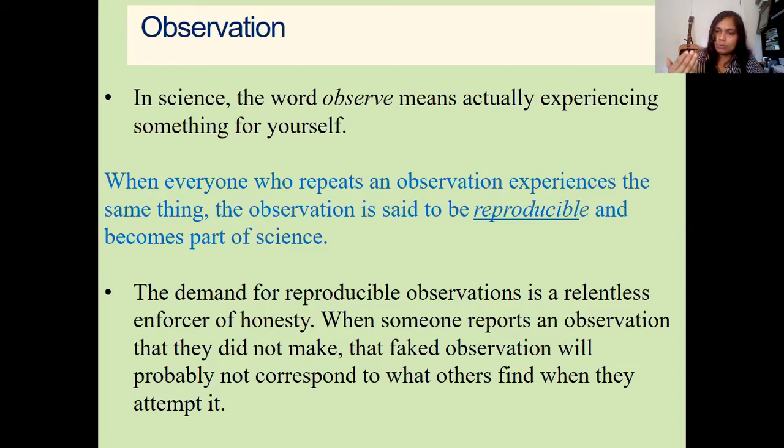That is an observation. You are seeing it. That's my observation. Then when everyone who repeats an observation experiences the same thing, the observation is said to be reproducible, and it becomes a part of science. If most people in most places find the observation valid, then it is a reproducible observation.